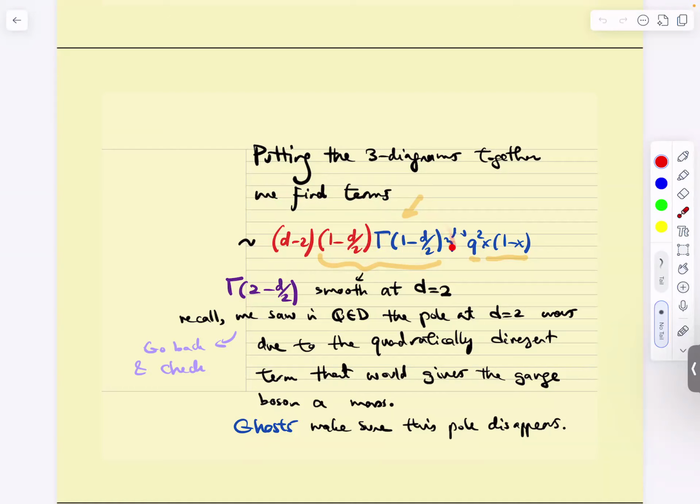This will cancel the pole here. So this term is smooth as d goes to 2. So the ghosts make this pole disappear.